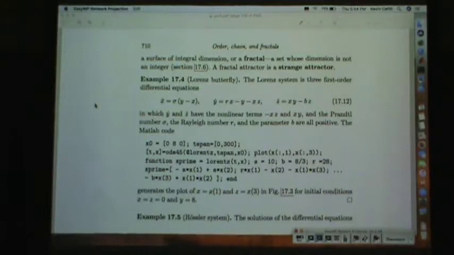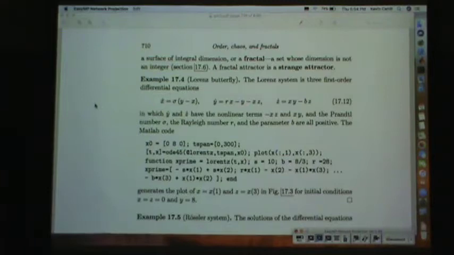I think just the choice of that word, strange, modifying attractor, created a great deal of interest in the field, the idea that you had a strange attractor.